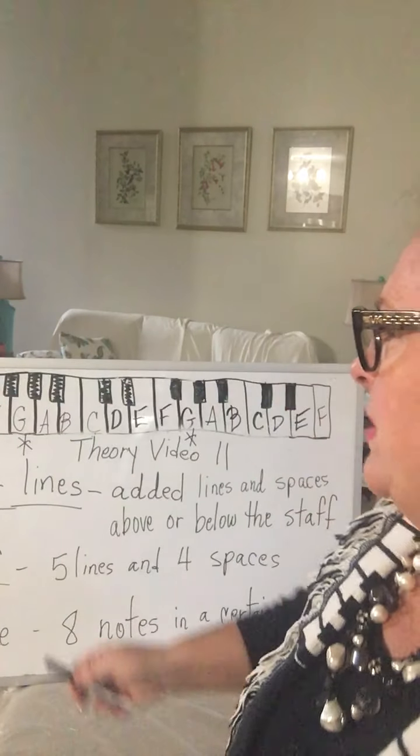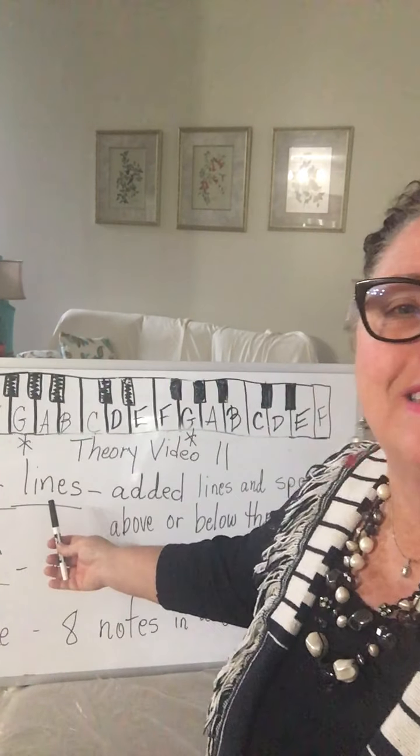So go ahead and get your workbook and your pencil and be ready, and then you'll be able to write these down, your words and definitions, which will be very short and quick. It's not going to be a very long video today because we only have 8 words, so that's pretty quick. Our very first word that you're going to write down is ledger lines.